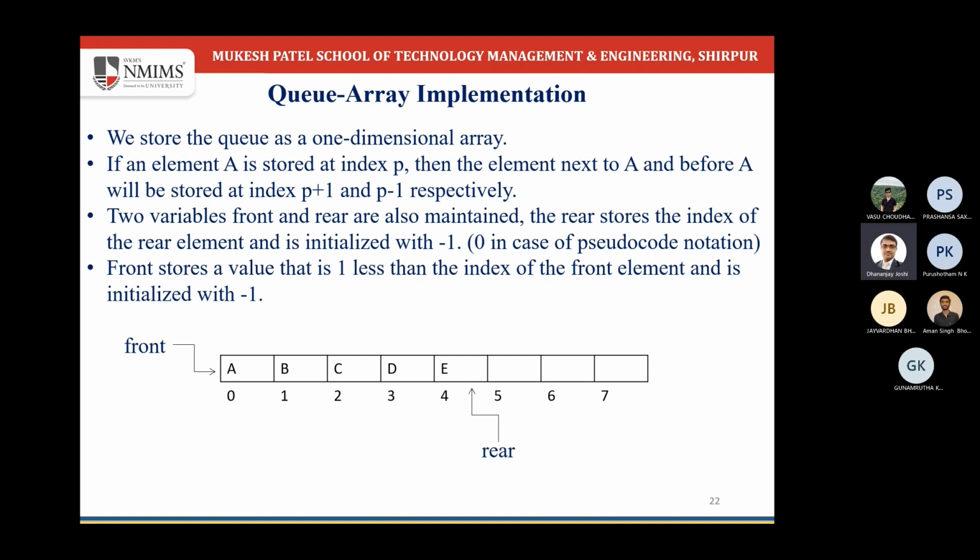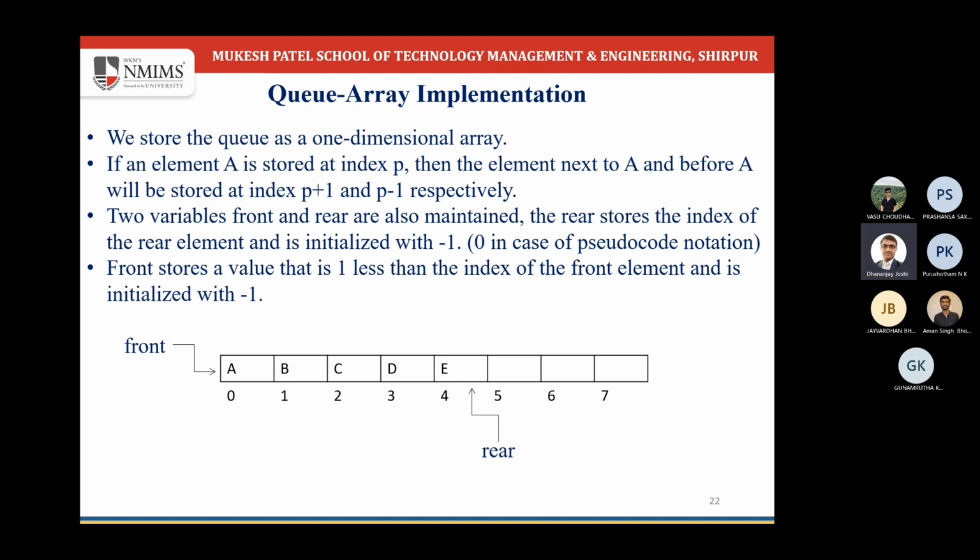After every deletion we increment the value of front, so once we delete d, the value of front will become 3. And what if we delete e, जब हम e delete करेंगे, according to the implementation we will increment the value of front by 1. Now the value of front will become 4 and the value of the rear was 4.